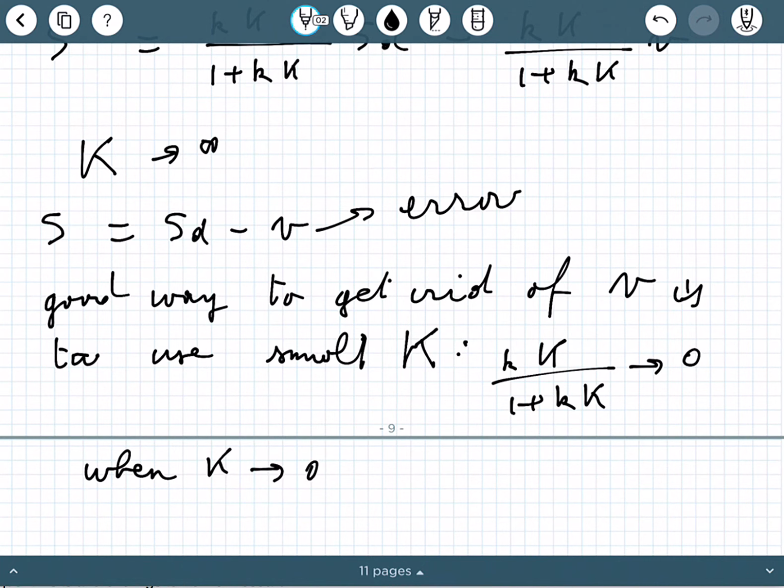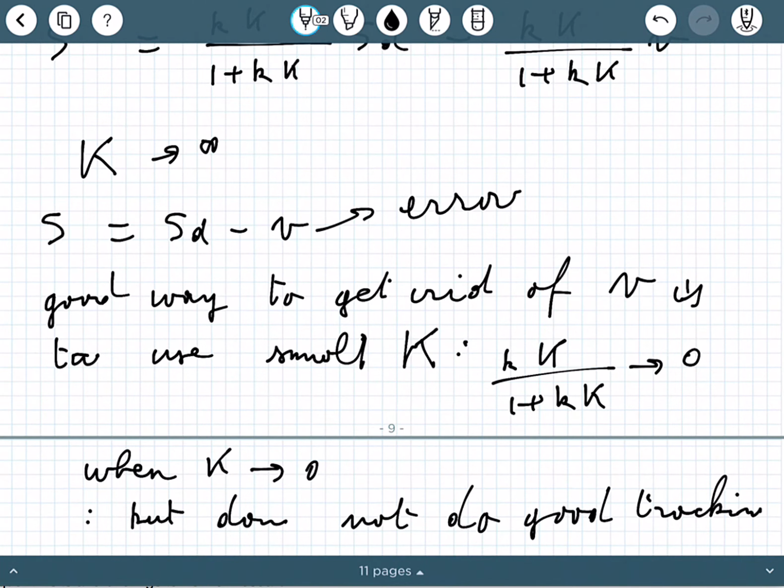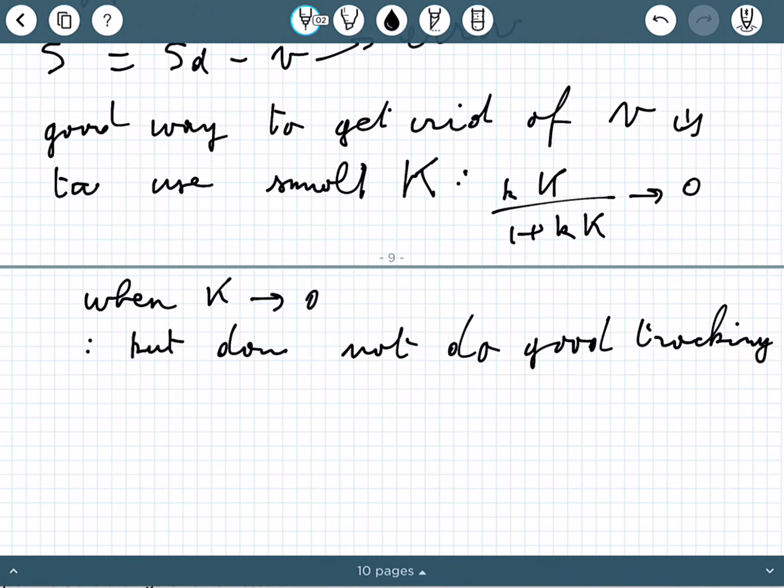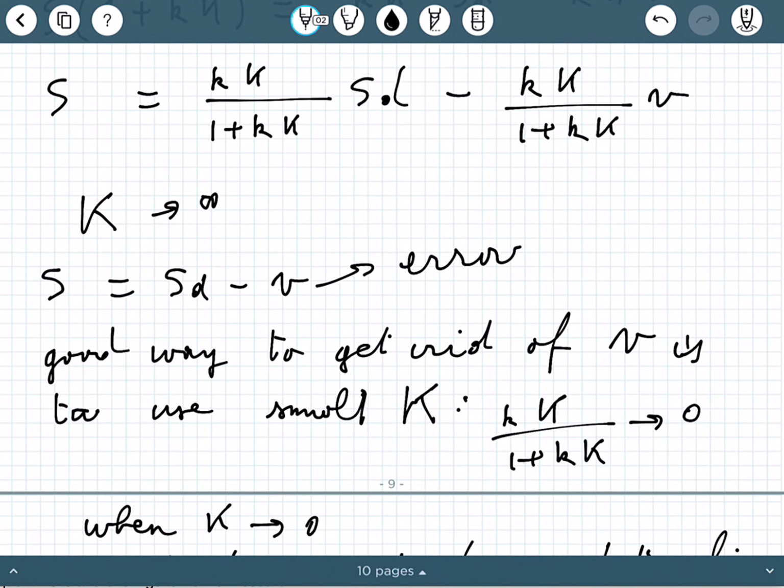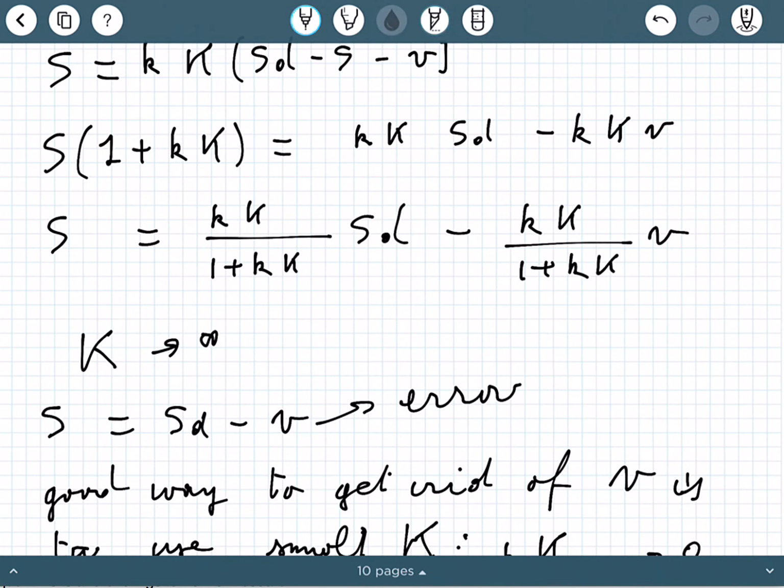Okay? The problem is that we do not do good tracking of SD, because if we make big K small, then this term also becomes small.